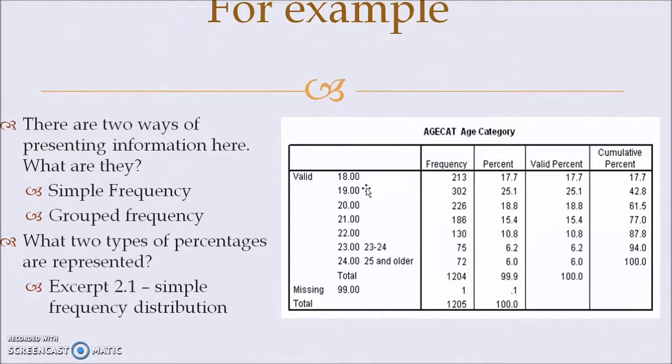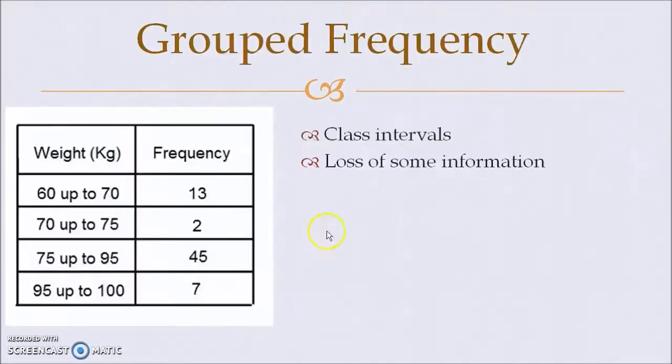On page 20, it gives you an example of a group frequency, which is with class intervals, because you have men, women, and total. What is really important, here is an example of group frequency again, 60 up to 70. So they are with the class intervals.